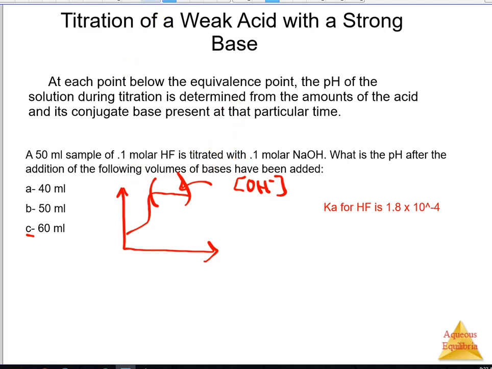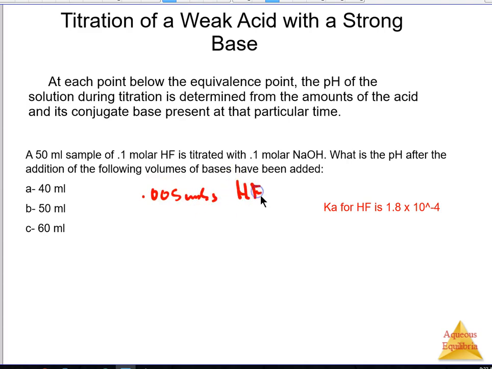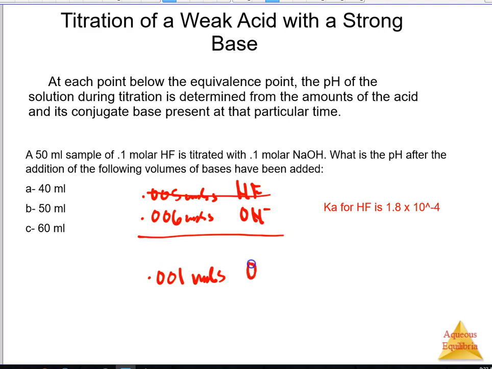So we still have 0.005 moles of HF, right? But now I have 0.006 moles of OH minus. When I do this math, I have no more of this, correct? All right, I have 0.001 moles of OH minus. You okay with that?